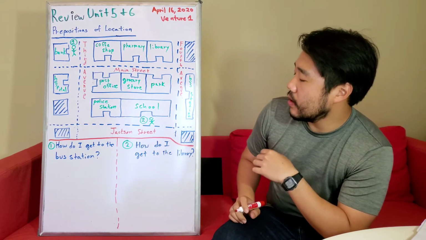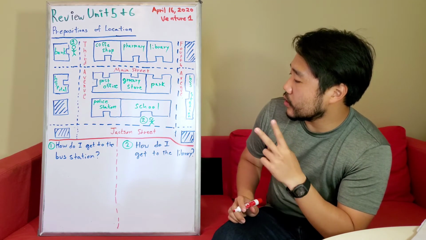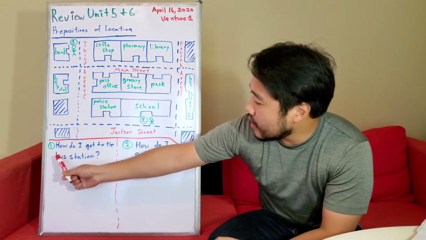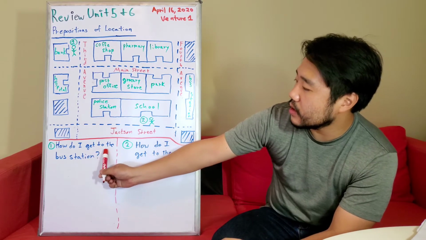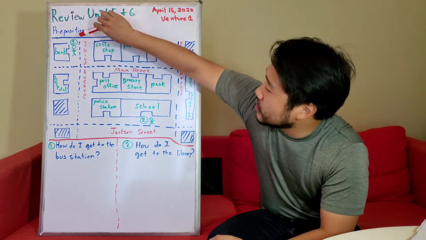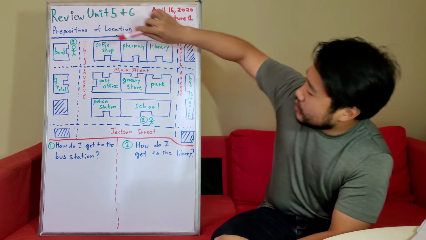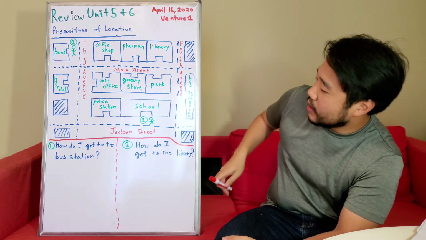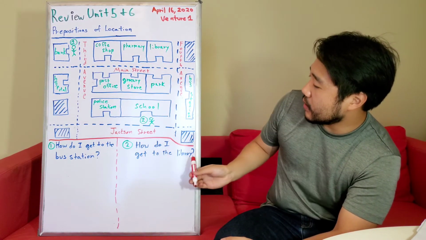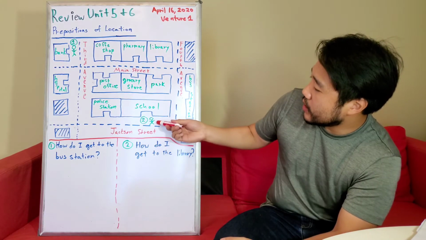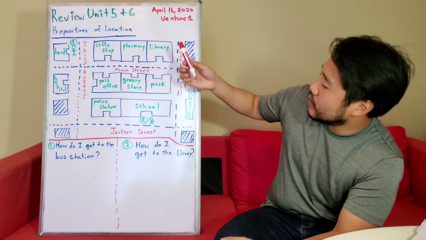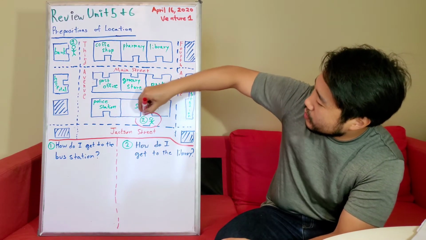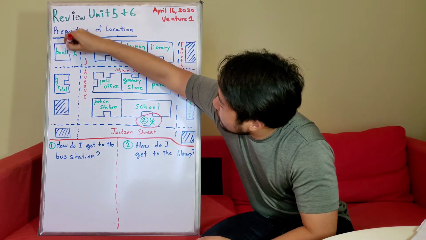There are 2 questions. Number 1 is, how do I get to the bus station? Number 1 is right here, from here to here. And number 2, how do I get to the library? Number 2 is right here to here.